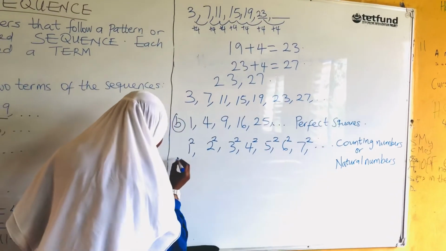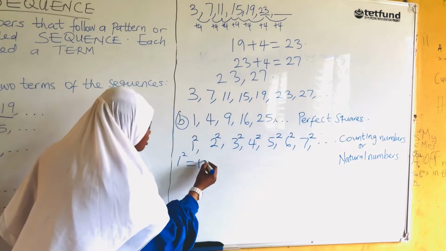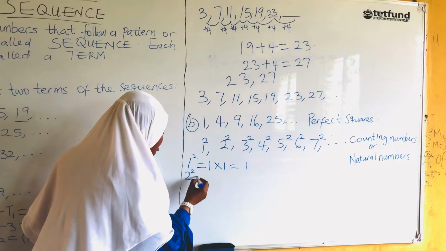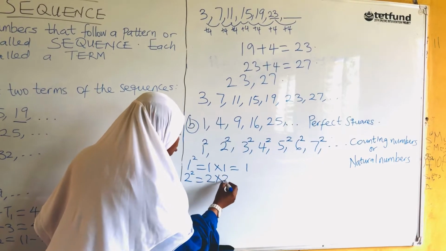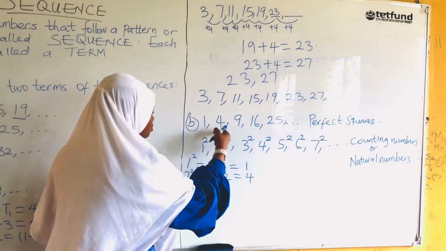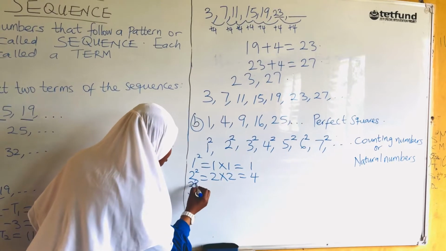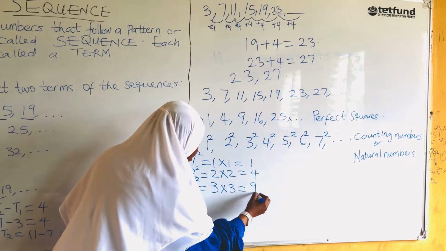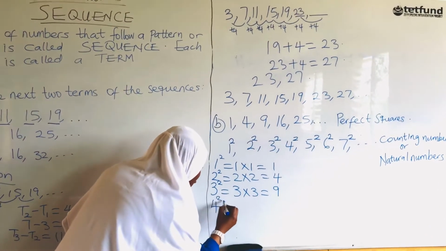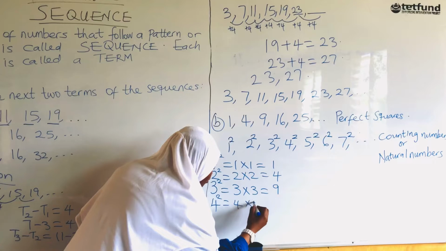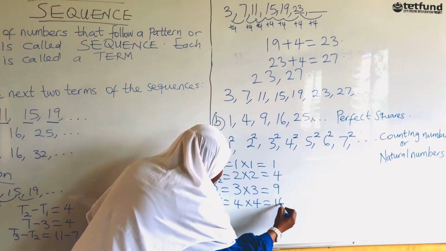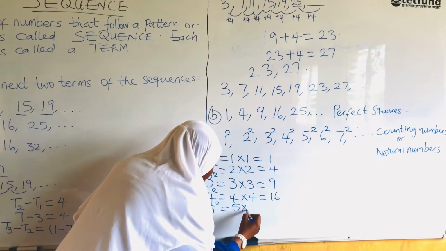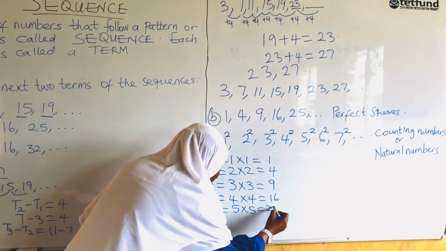So 1 squared means 1 times 1, and it is equal to 1. 2 squared means 2 times 2, and it is equal to 4. 3 squared means 3 times 3, and it is equal to 9. 4 squared means 4 times 4, and it is equal to 16. 5 squared means 5 times 5, and it is equal to 25.